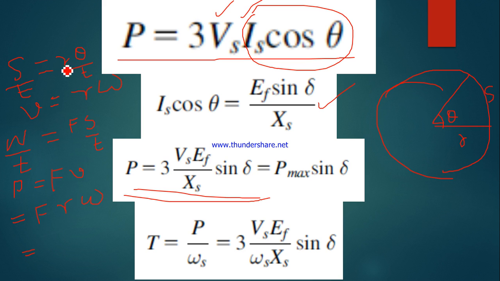So force, this is a distance R, force is applied like this, which is nothing but the torque, and omega. So my power, my torque is equal to power by angular speed. So that's why it is like this.